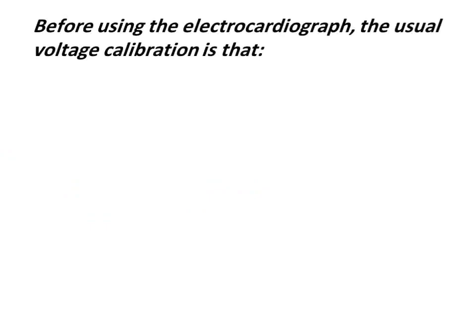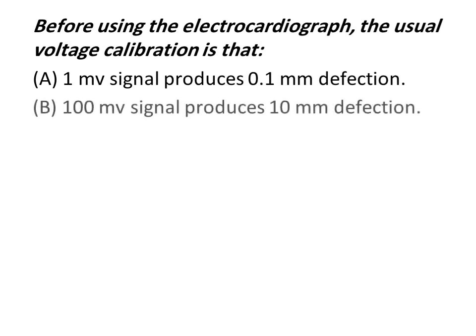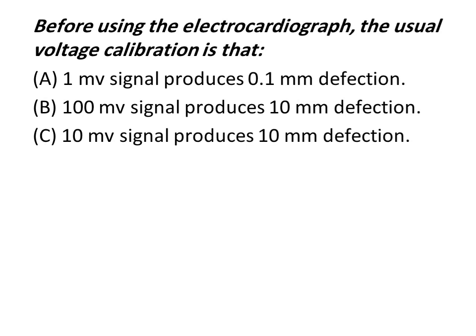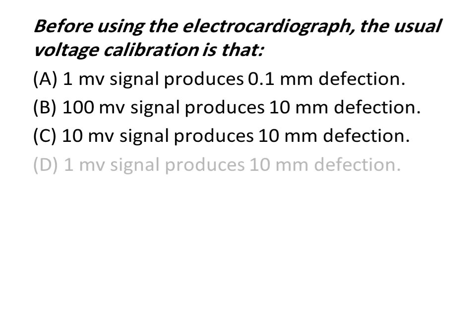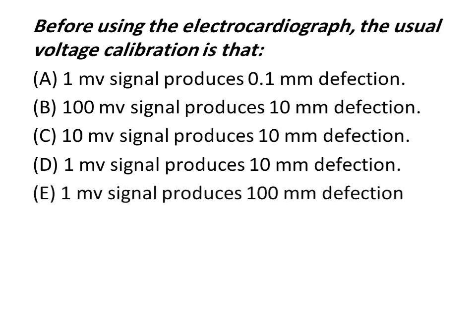Before using the electrocardiograph, the usual voltage calibration is that 1 millivolt signal produces 0.1 millimeter deflection. 100 millivolt signal produces 10 millimeter deflection. 10 millivolt signal produces 10 millimeter deflection. 1 millivolt signal produces 10 millimeter deflection. 1 millivolt signal produces 100 millimeter deflection.